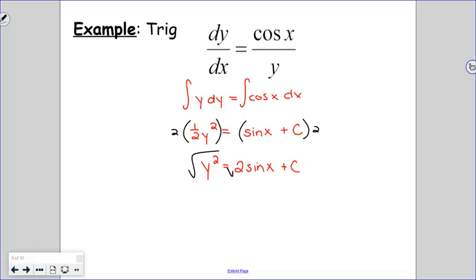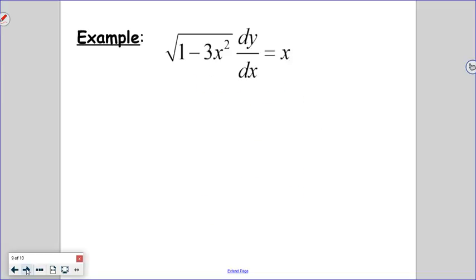And square root. Plus or minus, because we don't have any way to narrow it down. Questions? Okay.